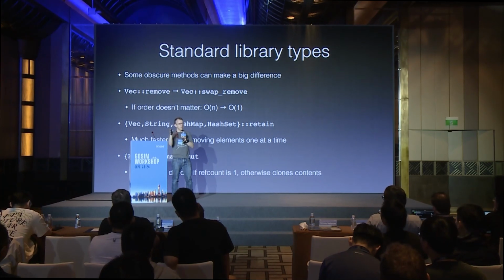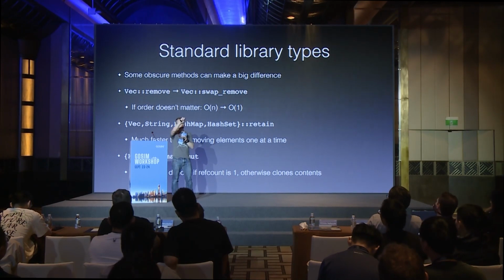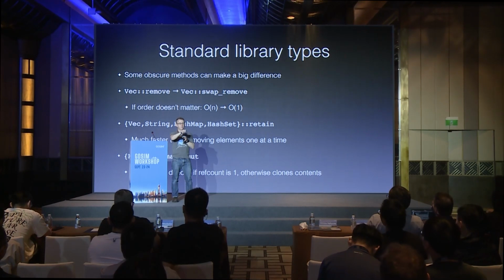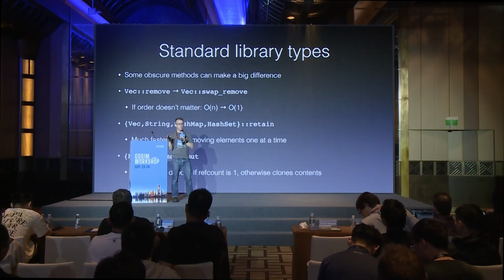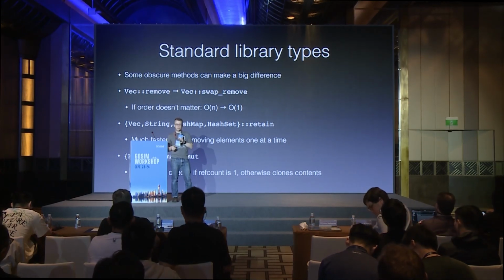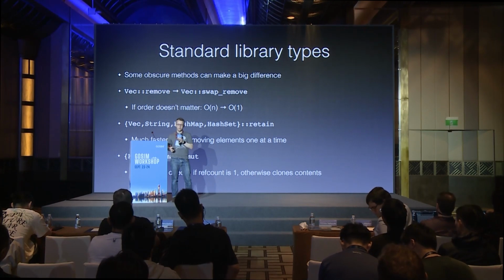So if the order of the elements doesn't matter, instead you can use a method called swap_remove, and it will remove an item from the middle and then take the last item and move just that and replace it. That will change removal from an O(n) operation to an O(1) operation, which can be helpful.